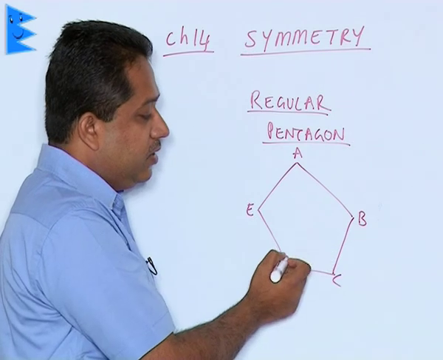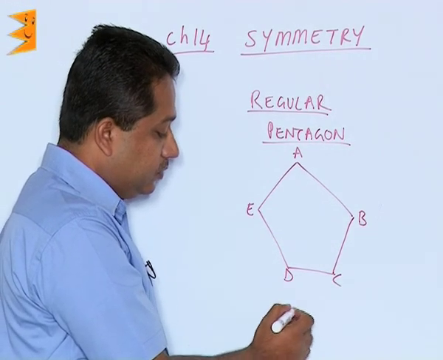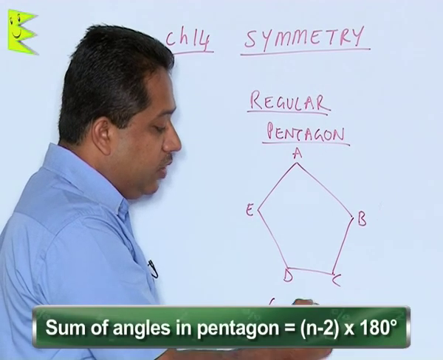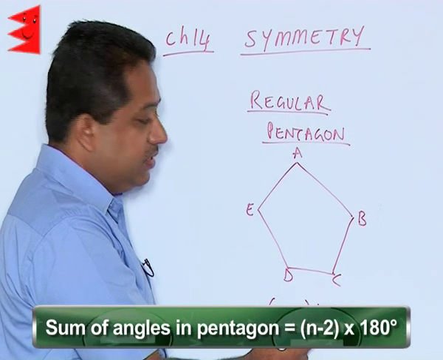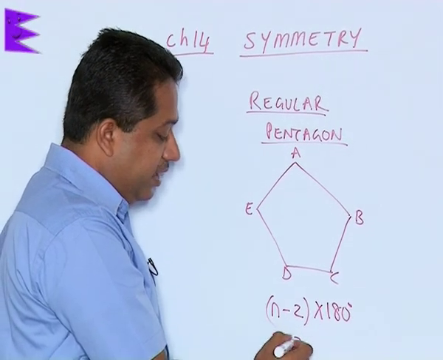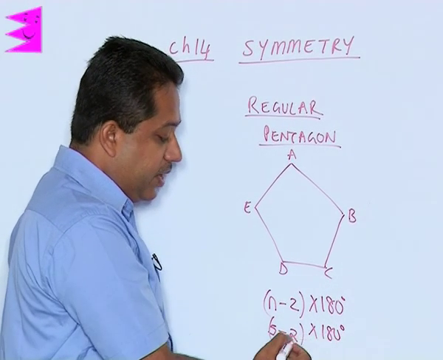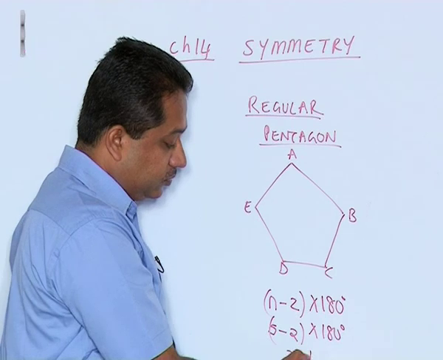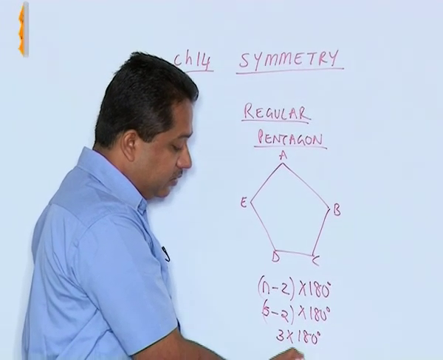In a pentagon, if we want to find out the sum of the angles, there is a formula, that is (n minus 2) into 180 degrees, where n stands for the number of sides. So a pentagon we know has got 5 sides. So 5 minus 2 into 180, 5 minus 2 is 3, 3 into 180 gives us 540 degrees.